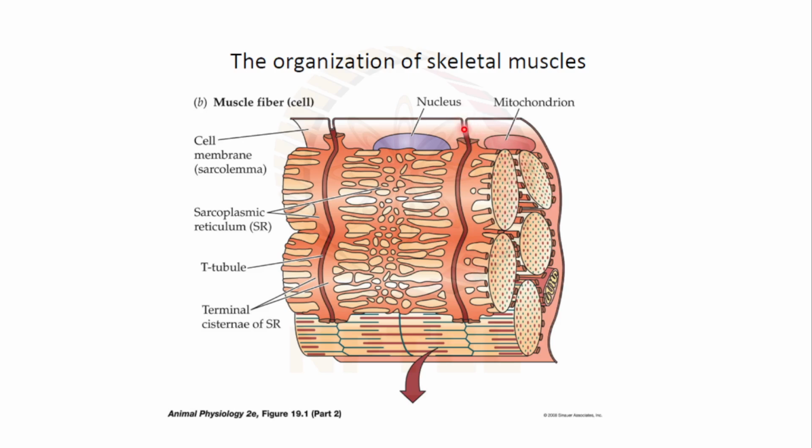So these T tubules send signals inside the myofibrils that it is time to contract. And obviously the mitochondria, as you must know, is the powerhouse of the cell. This myofibril also needs energy to contract, and that comes from the mitochondria.